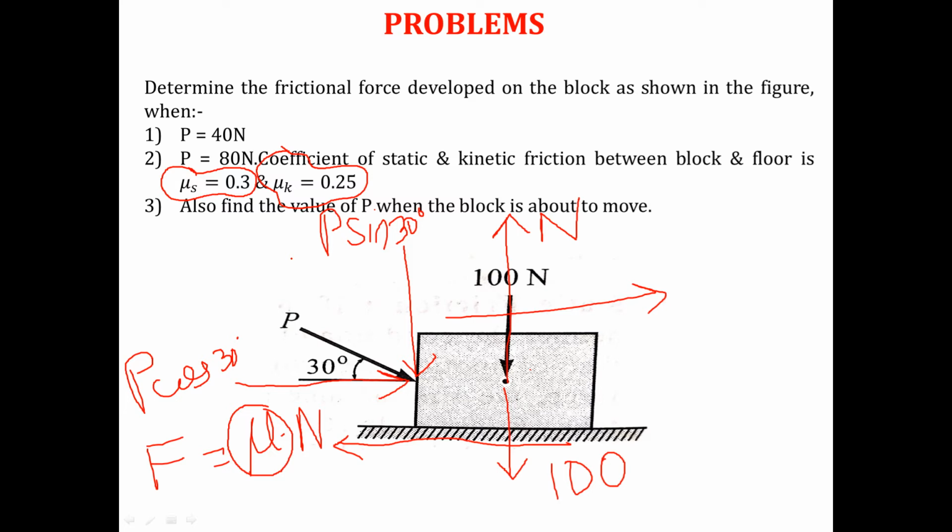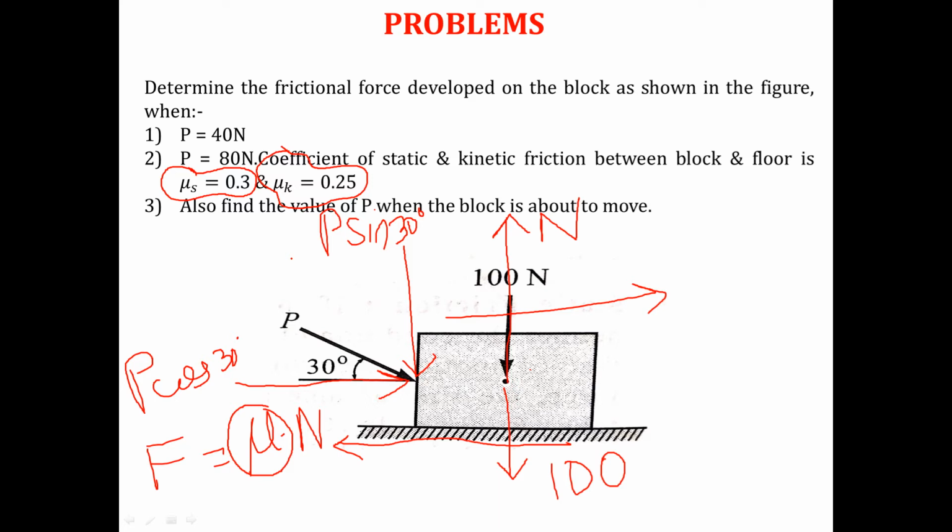Tell me, which mu value will I take to solve the problem? Sir, to find the frictional force, we will use mu s because it's a static friction. But the body is moving due to this force P; the body is moving along the positive x direction. Mu k is what? Mu k is the coefficient of kinetic friction or dynamic friction.